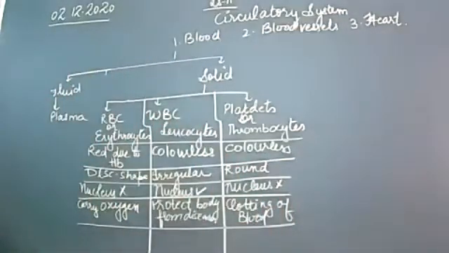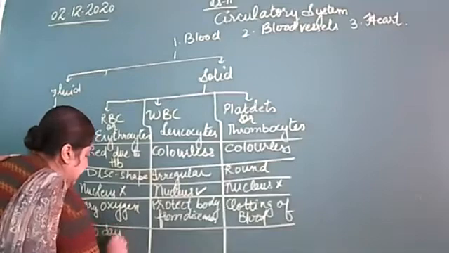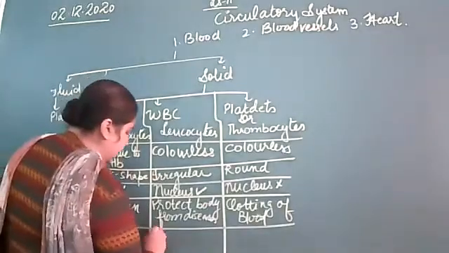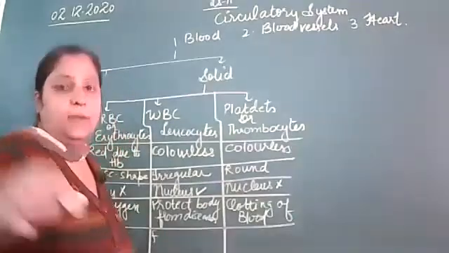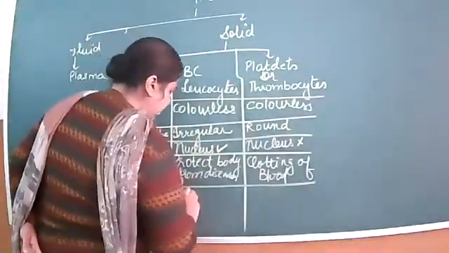Then coming to lifespan, RBCs का लाइफ स्पैन है about 120 days. WBC का लाइफ स्पैन है few hours to few years. Is it visible? Yeah. Few hours to few years.